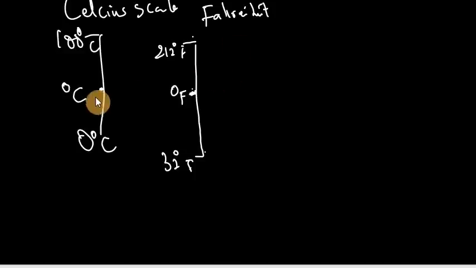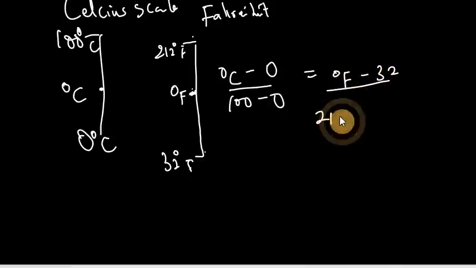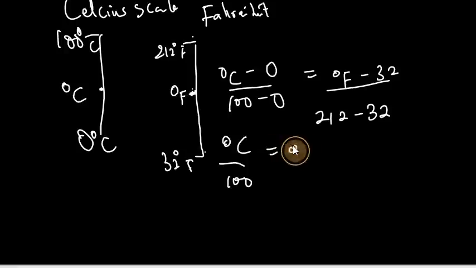So we say degrees Celsius minus 0 upon 100 minus 0 equals degrees Fahrenheit minus 32 upon 212 minus 32. So we now have degrees Celsius upon 100 equals degrees Fahrenheit minus 32 upon 180.